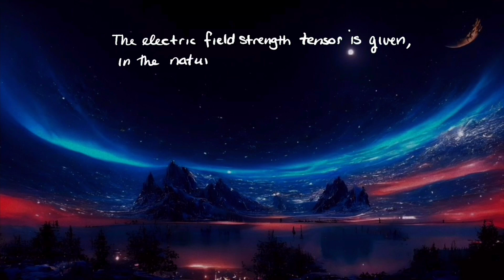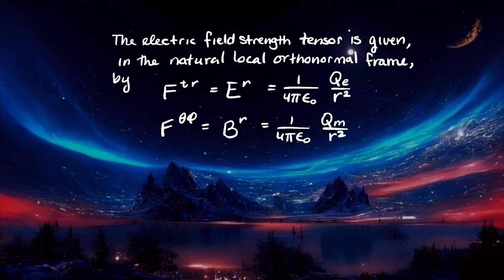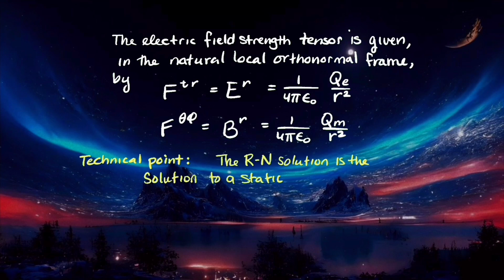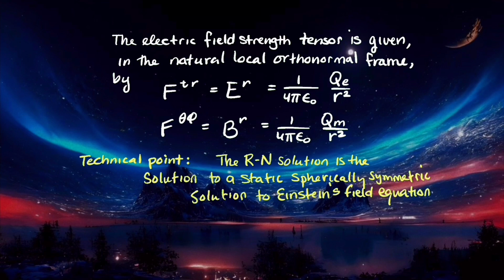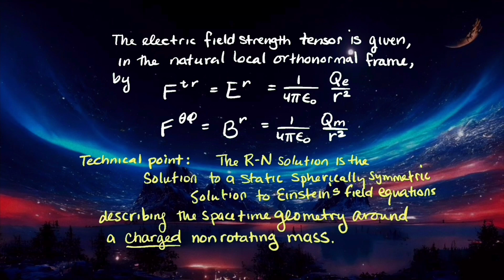The electromagnetic field strength tensor is given by the local orthonormal frame F for both the electric field and the magnetic field. And it can be written in terms of the electric charge and the so-called magnetic charge. Now keep in mind that the RN solution is the statically spherically symmetric solution to the Einstein field equations describing the spacetime geometry around a charged, non-rotating mass.